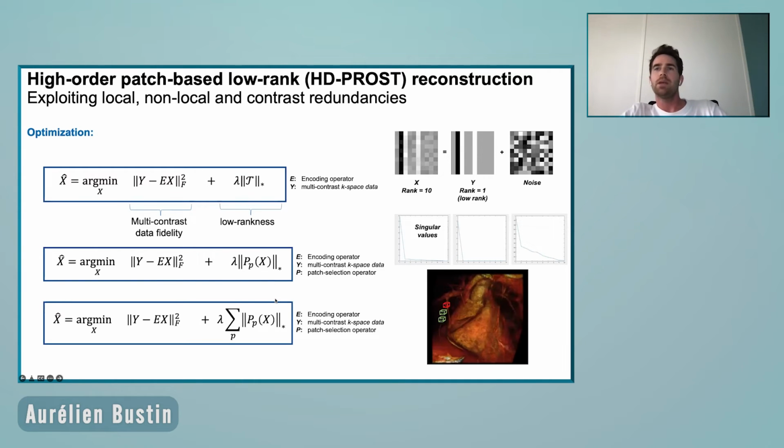But of course, you have many patches in the image, so you're going to repeat that for all pixels, all voxels in your 3D image. That's what you see on the right there. And so we minimize the rank of these similar patches, and that's basically a very efficient denoising. And I'm going to show you how it works.